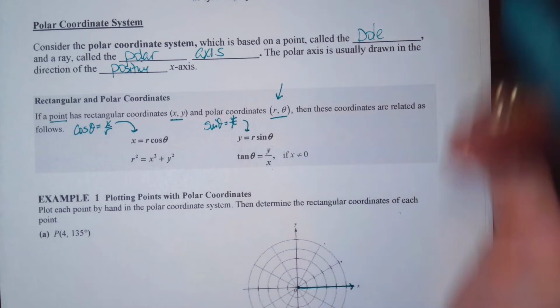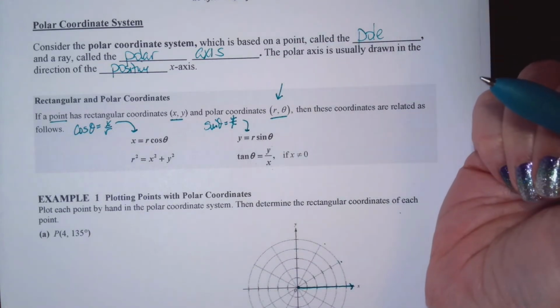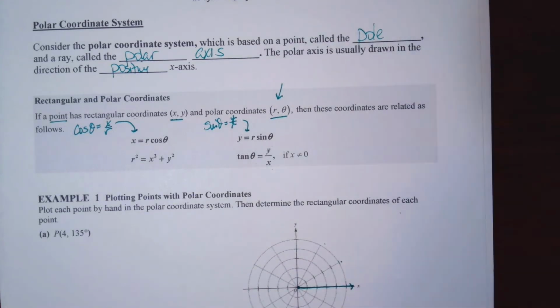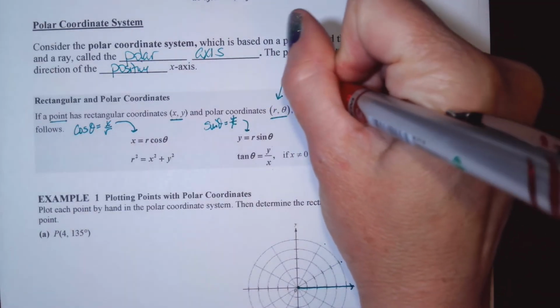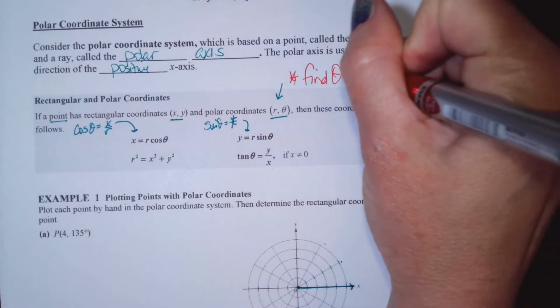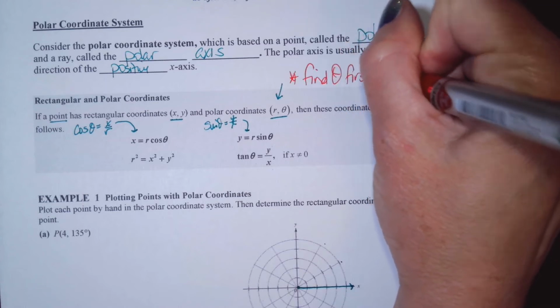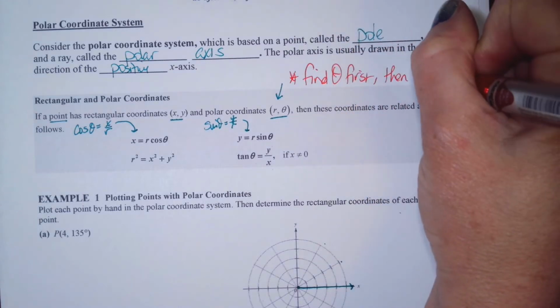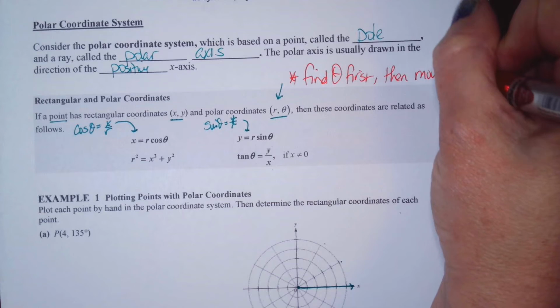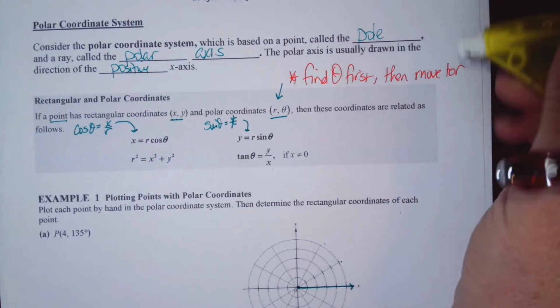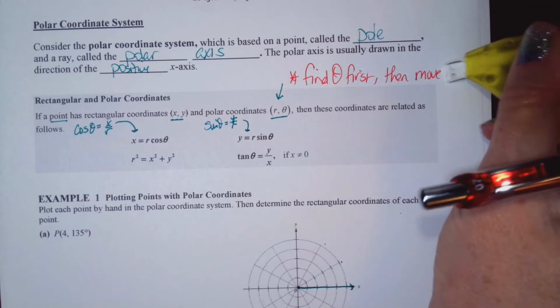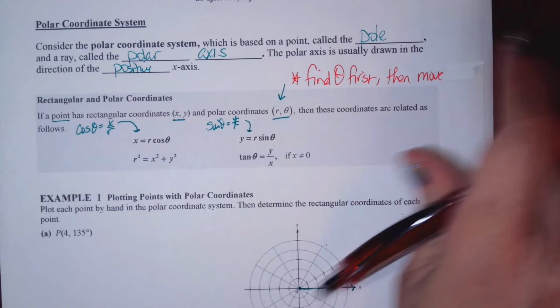Now, when we are graphing a set of polar coordinates r, theta, I want you to remember that you want to find theta first. Then move to r. Whoops. My mind was working faster than I was thinking through that.